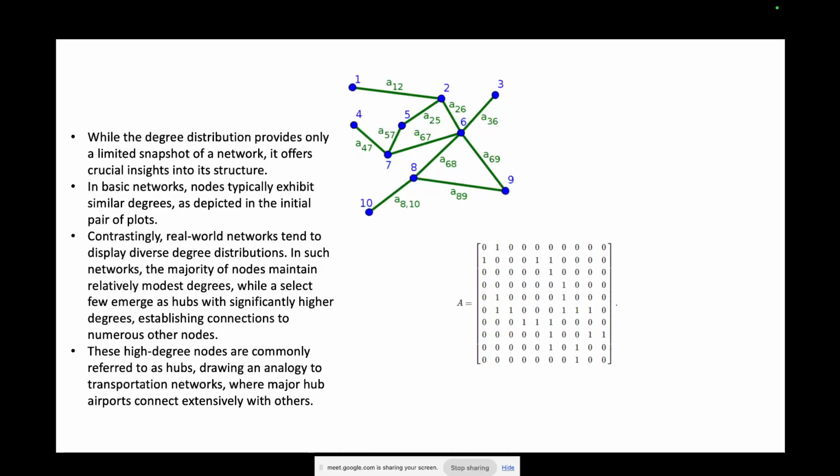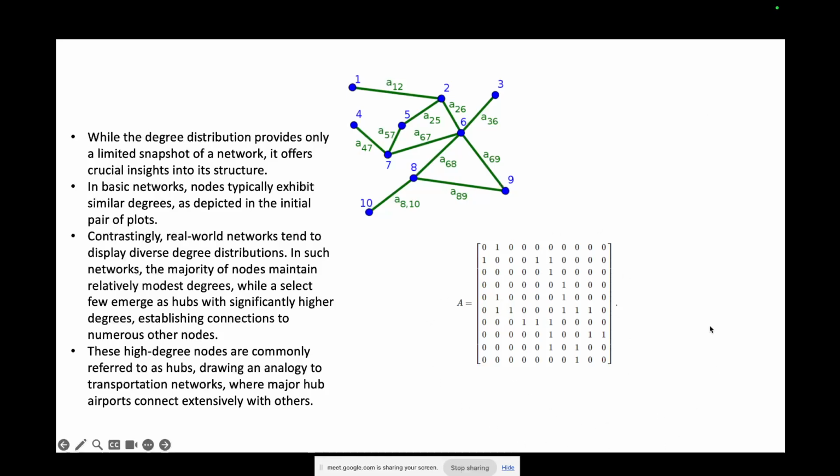These high degree nodes are commonly referred to as hubs, drawing an analogy to transportation networks, where major hub airports connect extensively with each other. So as I was saying, if you can find the hubs in the network, you can target them to control the network behavior very well.